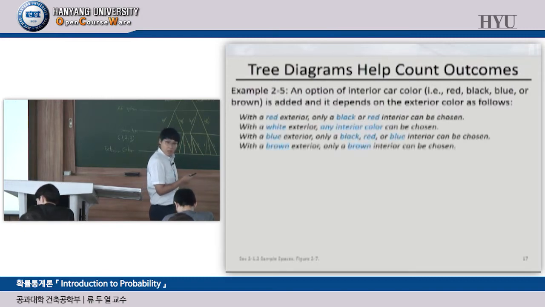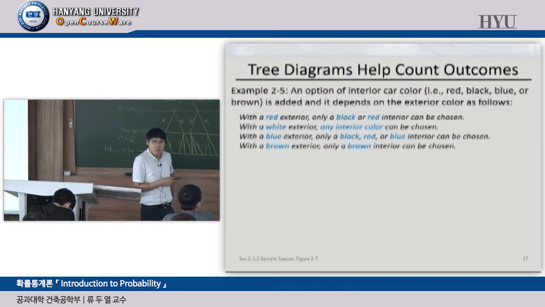With a red exterior, only a black and red interior can be chosen. And with a white exterior, any interior color can be chosen. We can choose 4 different colors for interior. And with a blue exterior, only a black, red, or blue interior can be chosen. And with a brown exterior, only a brown interior can be chosen.